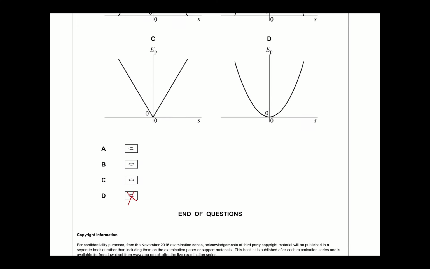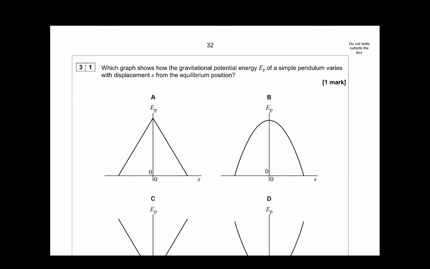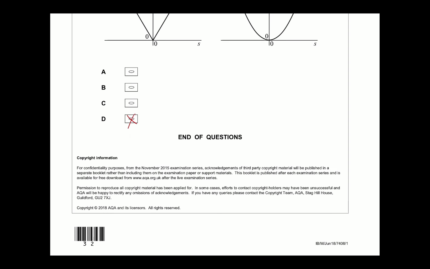You just got to think of it like this could just be height versus horizontal displacement from equilibrium. Whew, that was a slog, but it is done. I hope that's helpful.